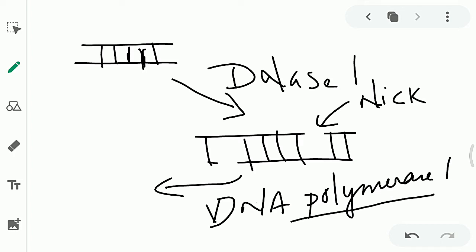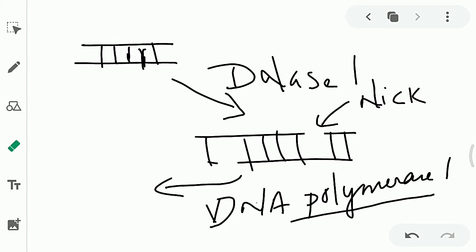आपको पता है इसका काम है म्यूटेशन रिपेयर में. So what DNA polymerase 1 does is they remove this particular part and add dNTPs to that.